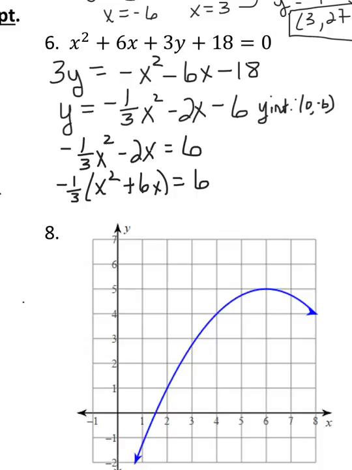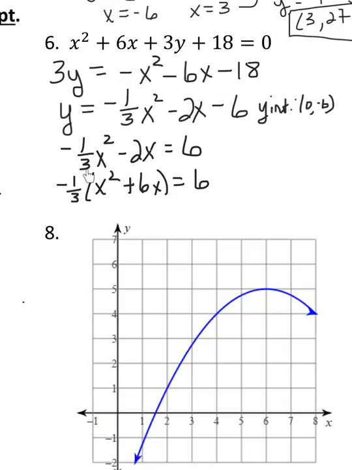So far what we've done is rewrite our equation again. I rewrote it so that I could see negative 1/3 x squared minus 2x equals 6. All I did was take this negative 6 and move it to the other side of the equal sign, and I rearranged the equation so I could get it in the right order. And then I factored out the negative 1/3.